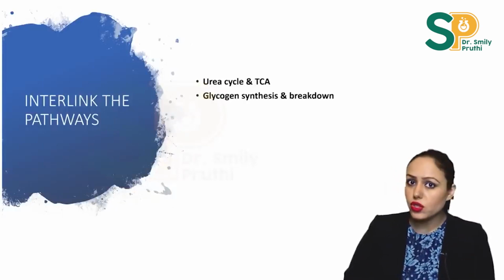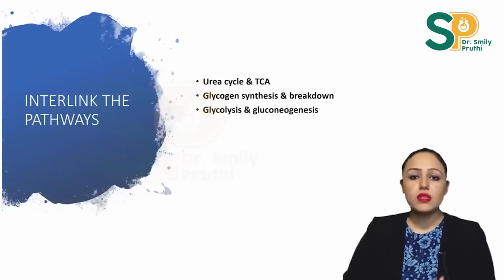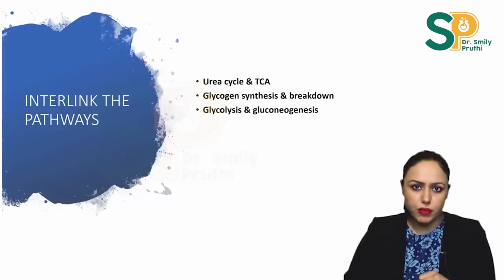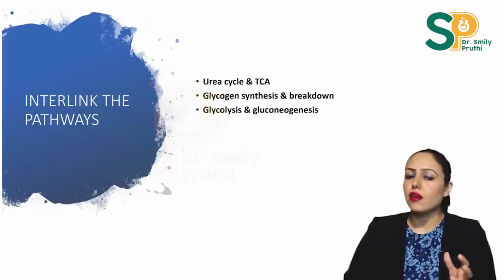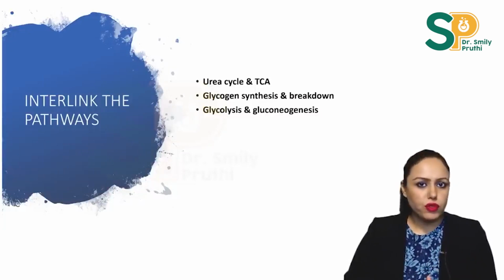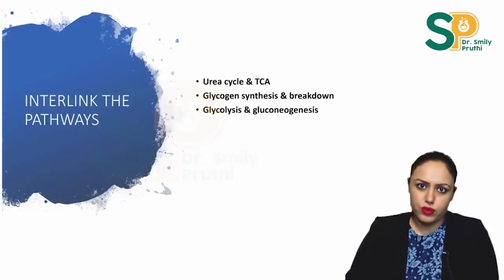And then glycogen synthesis and breakdown, as they both occur in cytoplasm. Then glycolysis and gluconeogenesis regulation is very much interlinked, as they are opposite pathways. Glycolysis is breakdown of glucose and gluconeogenesis is making of glucose.